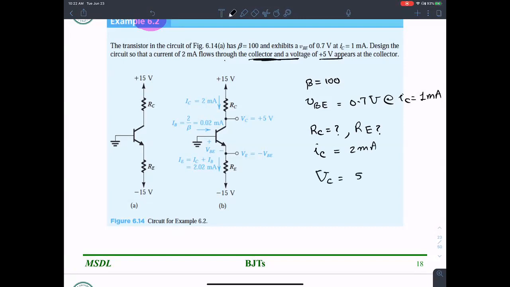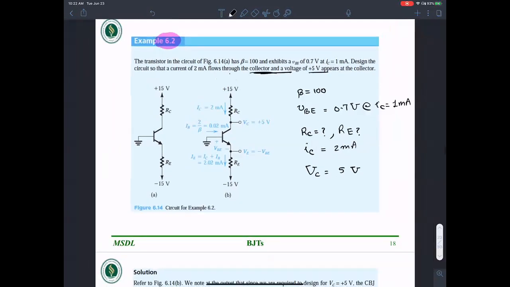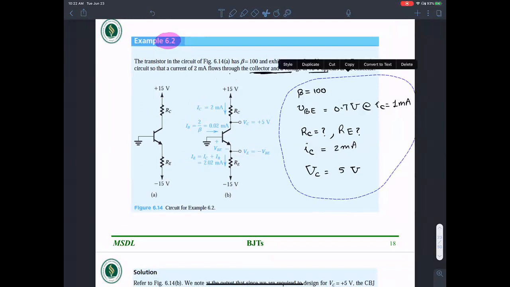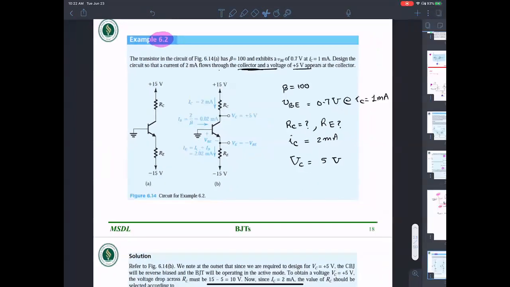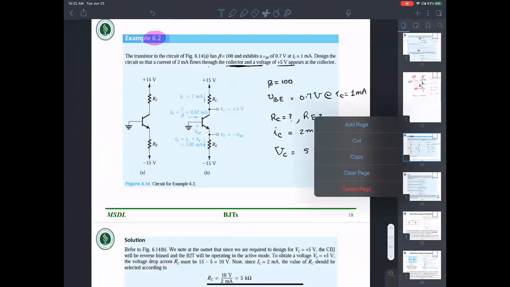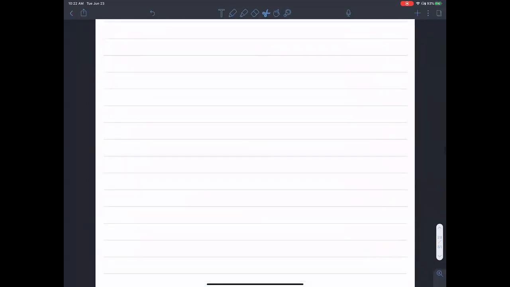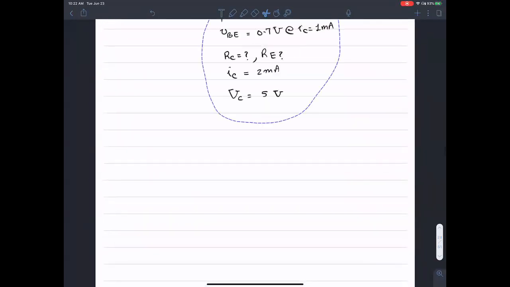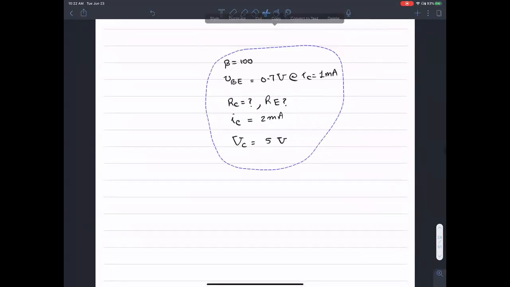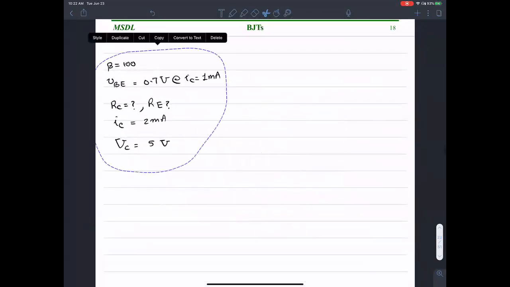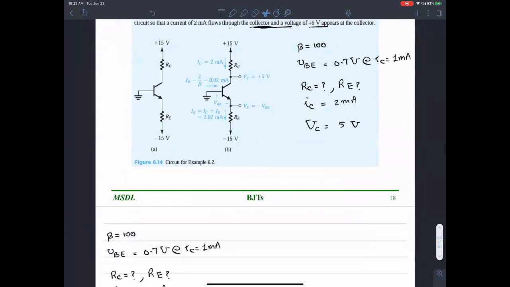VC is given to be 5 volts. This is the information that is given to us, and like I mentioned in the earlier problem, it's reasonably easy. Let me not make it sound like it's a trivial problem. It is easy after you do enough practice to do the whole problem by observation on the circuit.